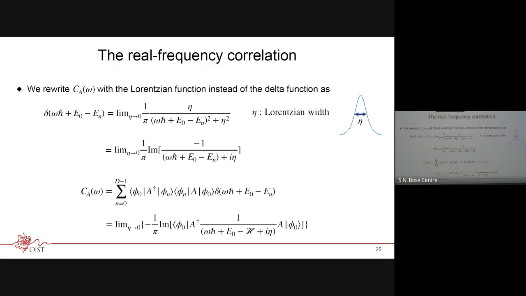Substituting this into the original C omega function, we can finally get this equation to evaluate the spin dynamics. In the actual calculation, we should set eta as a small value, such as eta equals 0.02 or something like that, because we cannot deal with the limit of eta equals 0 in our computer.